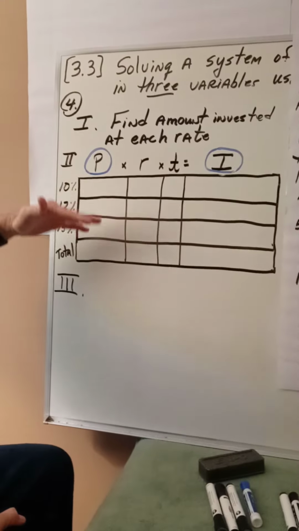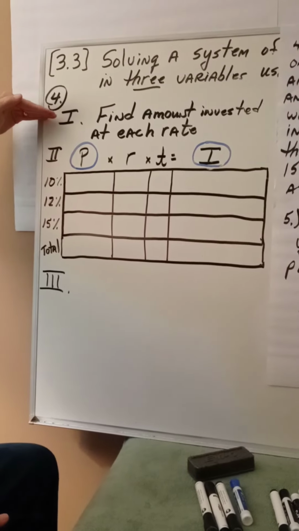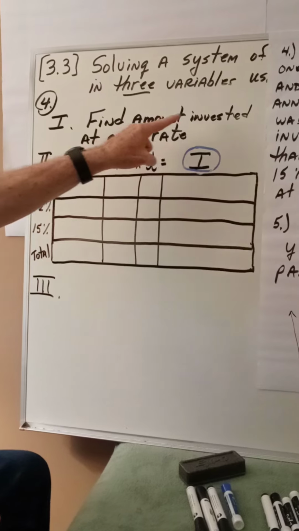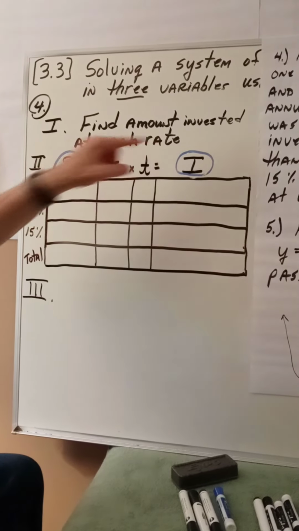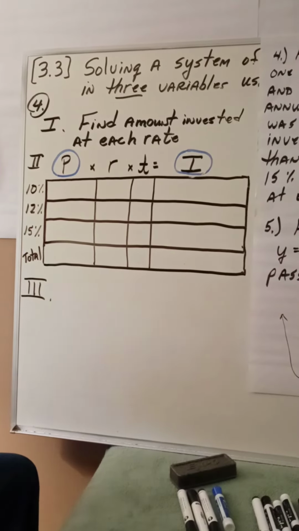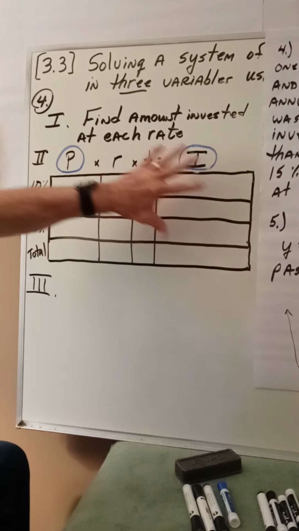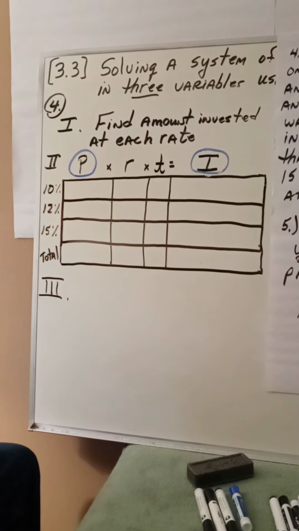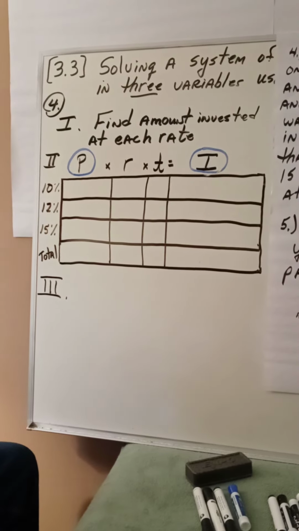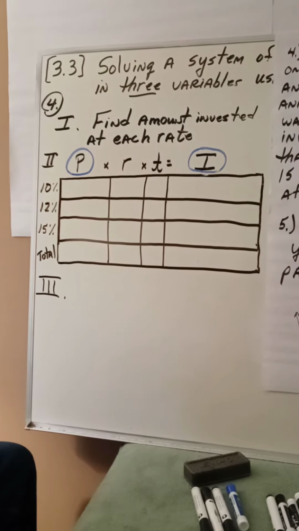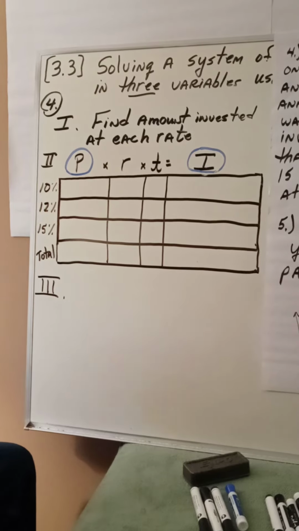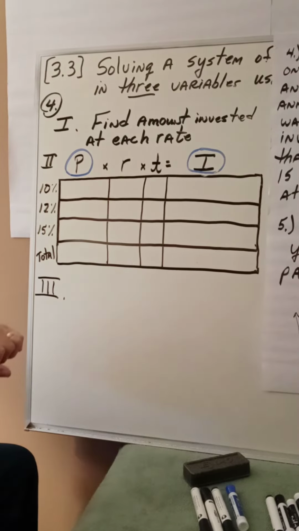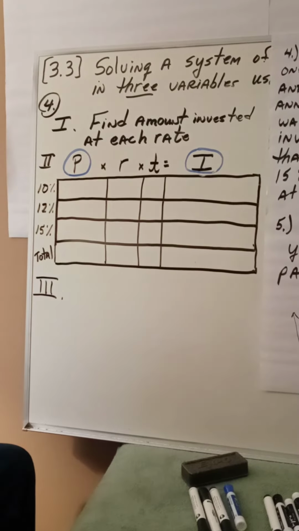So it's a 4-step plan problem. Step 1, find the amount invested at each rate. So we go to our chart. The chart is the same looking chart that you saw in 3.2. The difference is it had 3 rows going across and still the 4 columns.